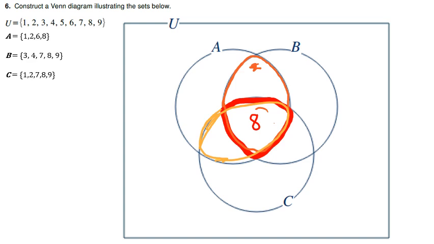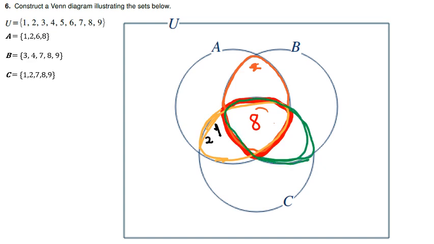Well, A and C have a 1 in common. They have a 2 in common. And they don't have the 6 in common. But again, they already have the 8 in common, but that's been covered. So 1 and a 2. Moving on. We're going to look at this region now.